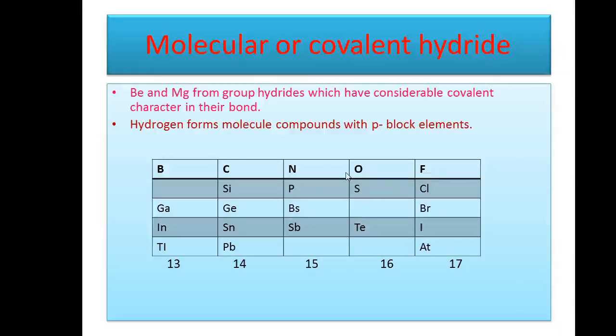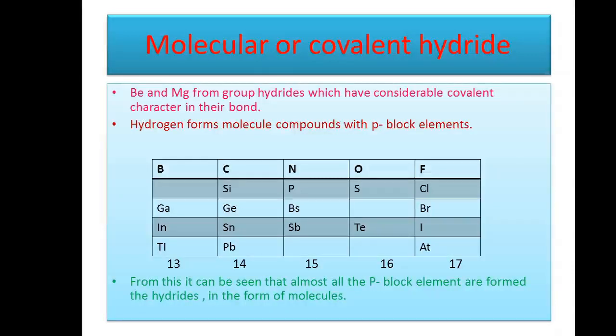In group 16, the oxygen family, oxygen, sulfur, tellurium form covalent hydrides. In halogens, all elements form covalent and molecular hydrides.